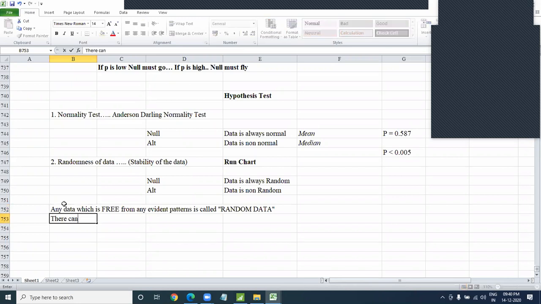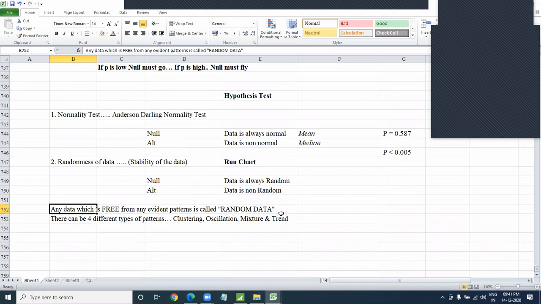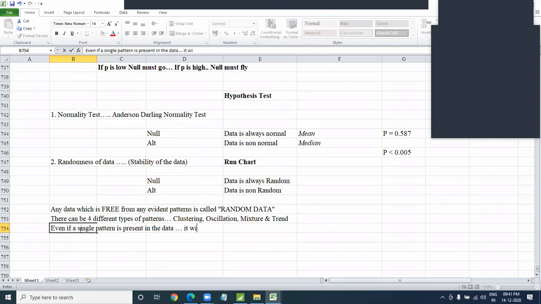There can be 4 different types of patterns: clustering, oscillation, mixture, and trend. These 4 patterns can be present in data. Any data which is free from these patterns will be random. Even if a single pattern is present in the data, it will make it non-random.